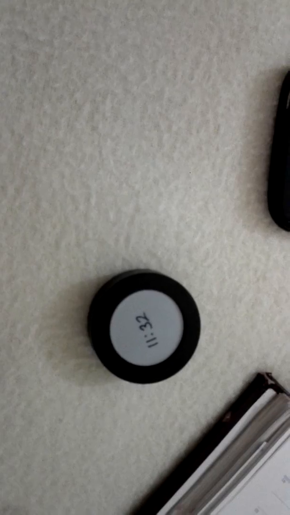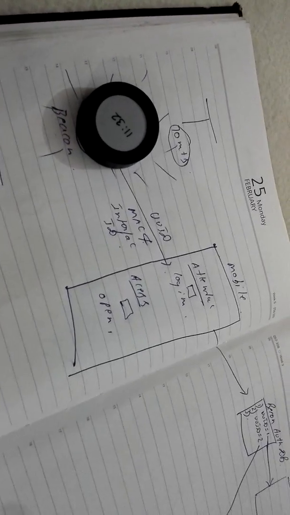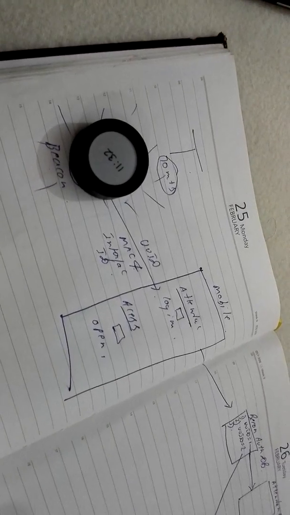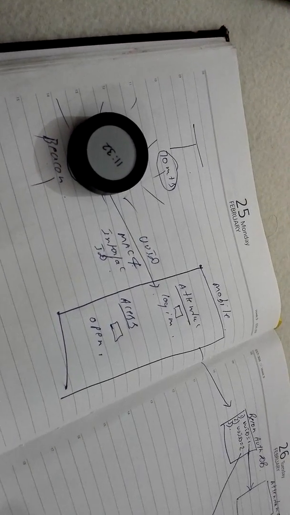This beacon will broadcast its BLE signals up to a radius of 70 meters. So once this beacon is in broadcasting mode, it'll send signals within a radius of 70 meters.